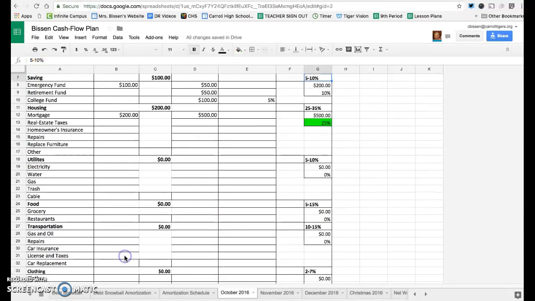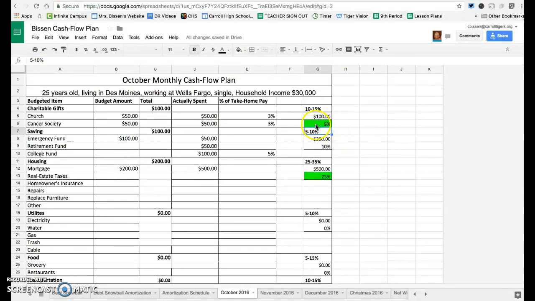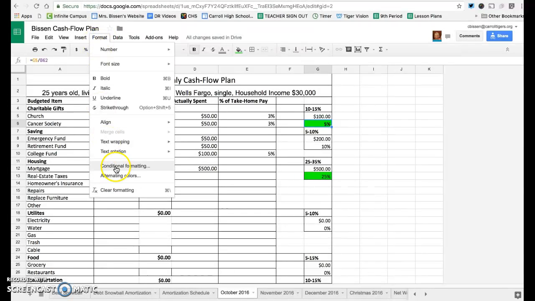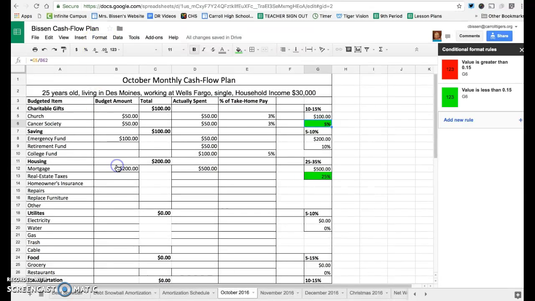And so then what I do is I make them tell me if this is in the green or in the red. So you can see if I put a huge number in here, that automatically turned to red. And how they do that is they click on each one of these things. So I'm going to start on this one first, and I'm going to say format and conditional formatting.